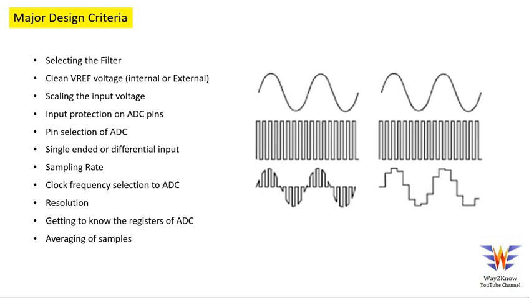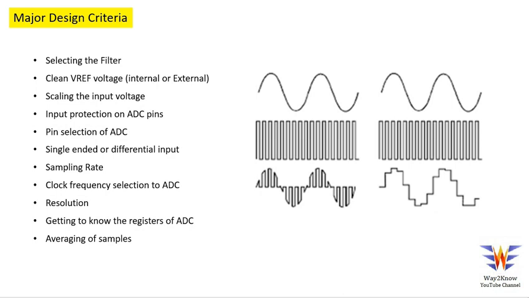Let us assume I have given 2 volts at the microcontroller input. As per the programming that we do, it is not straightforward that you just read a sample and then read the digital value and say this is equivalent to 2 volts.